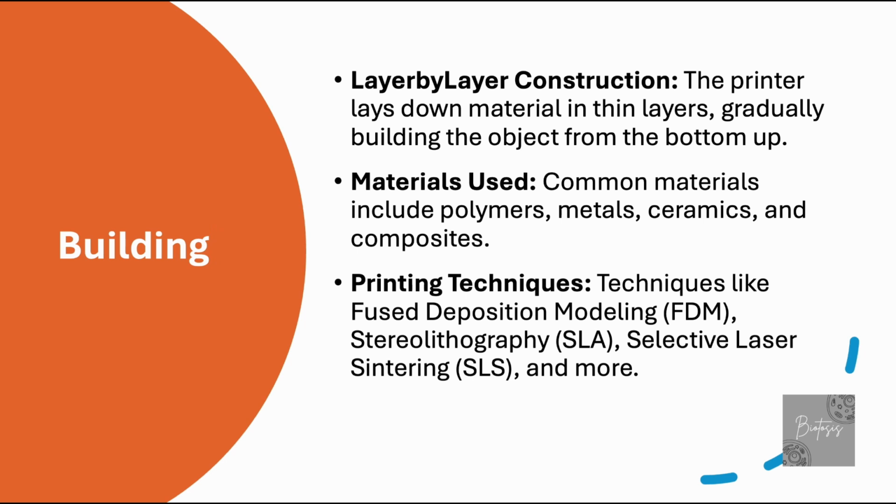Now what is building? We have already discussed it, but to understand it deeper, it is layer by layer construction. When we are talking about building anything, we know that houses are built. How are our houses built? The architect creates a model and says, this is my model and this is how I want to create your house.